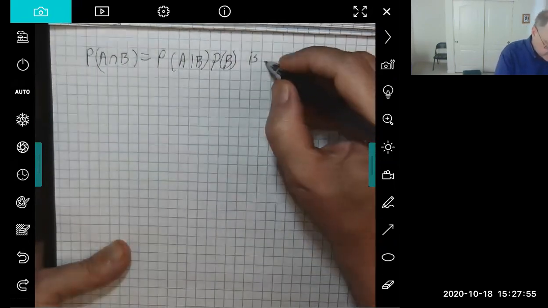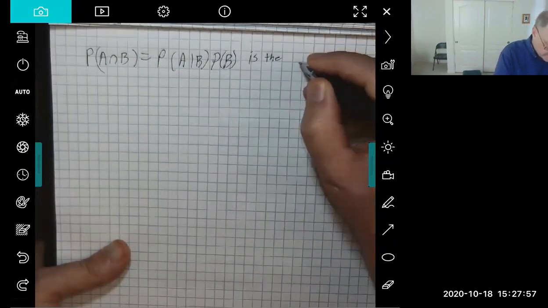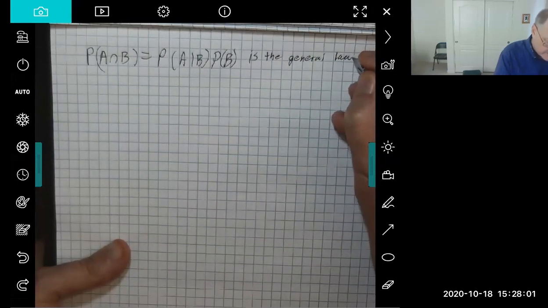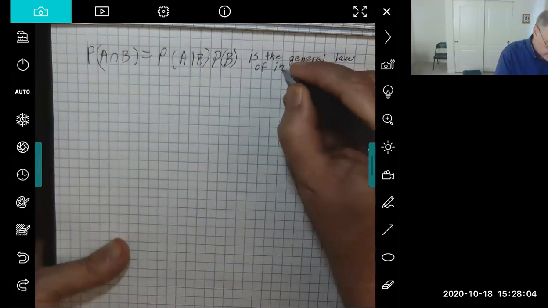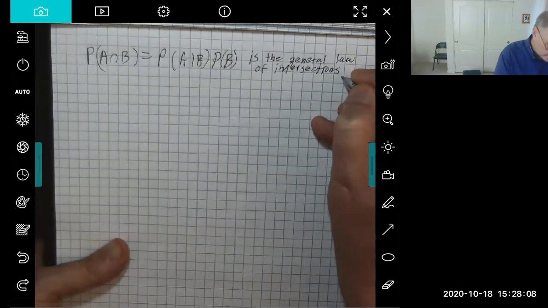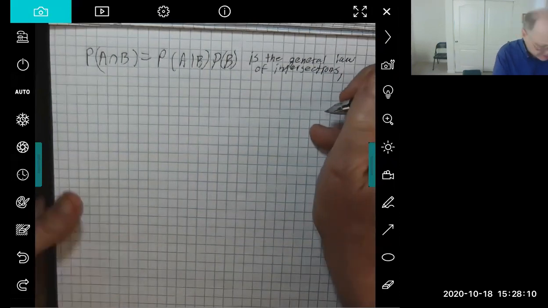This statement here is the general law of intersections. Always works.